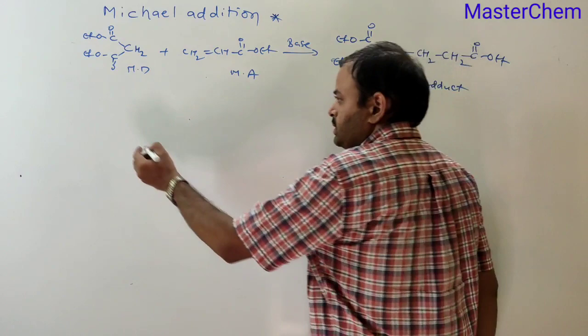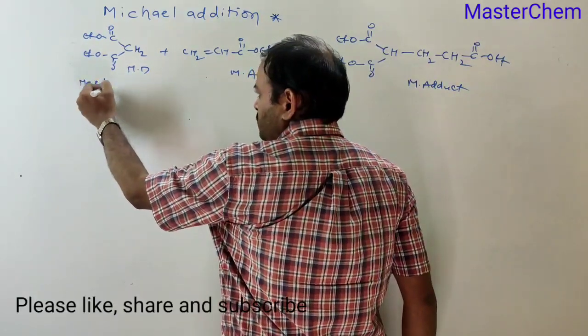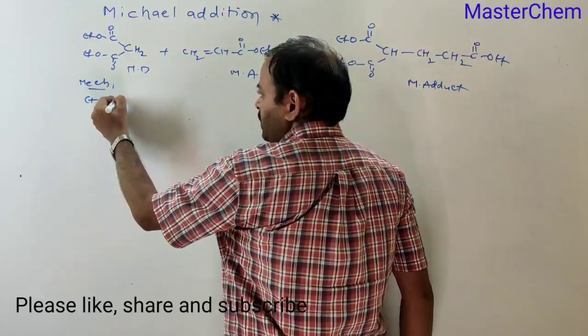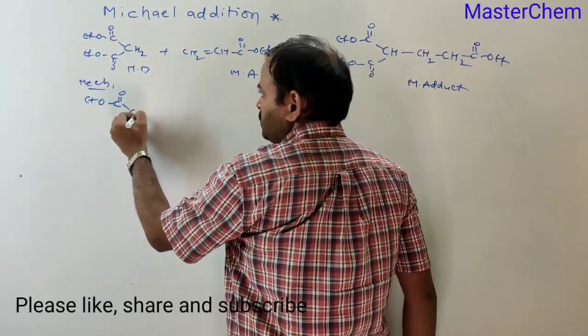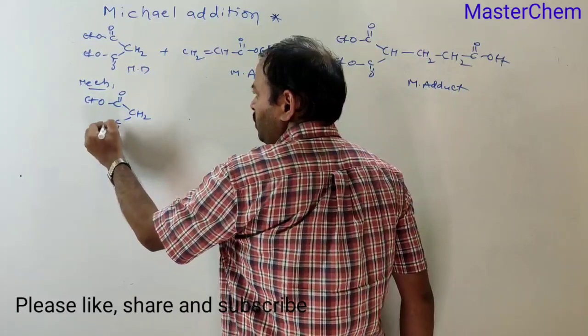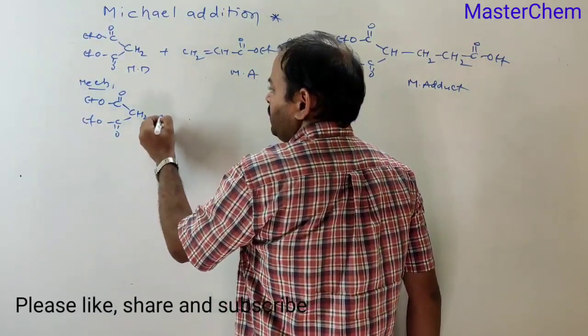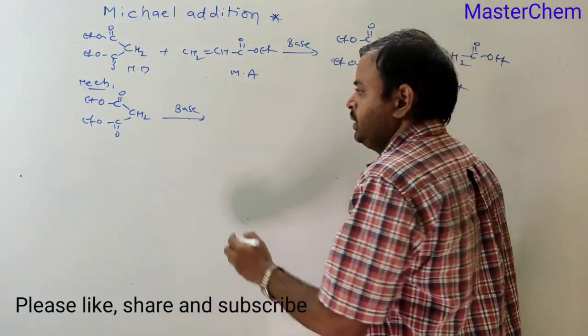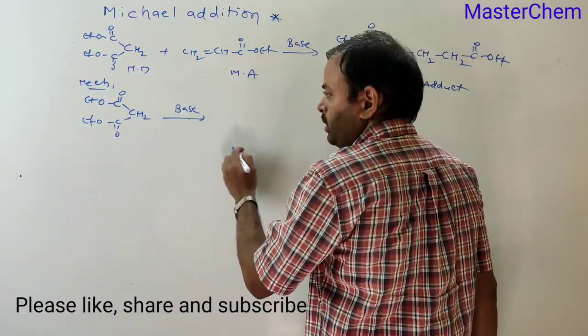Now let us take the mechanism. First, EtO, C double bond O, CH2, C double bond O, OEt reacts with the base. We know that this is a proton donor.